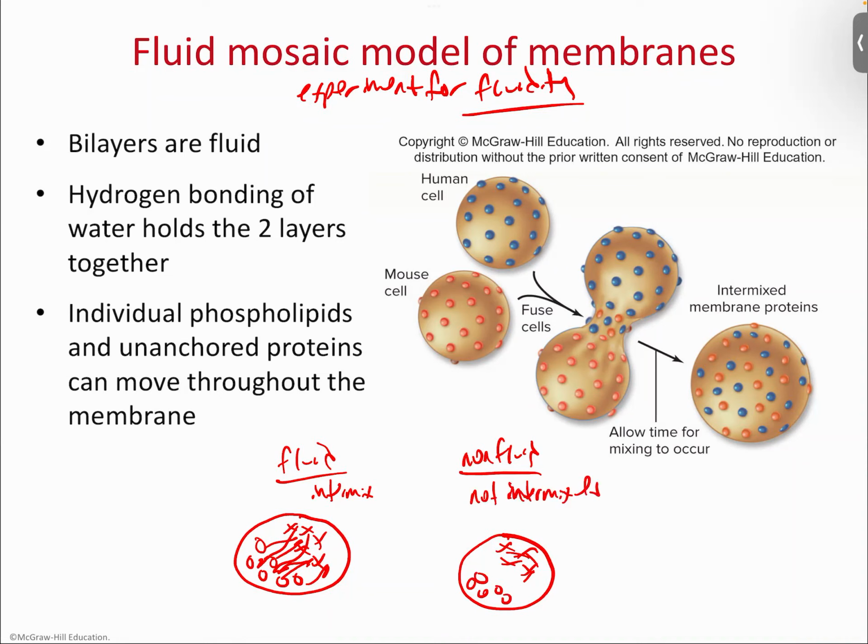So what we did was we took this human cell and this mouse cell, labeled, fused them together, and then what did we see? Intermixing. So the question is, how did these blue human proteins get over to the other side? How did this guy get all the way over here?